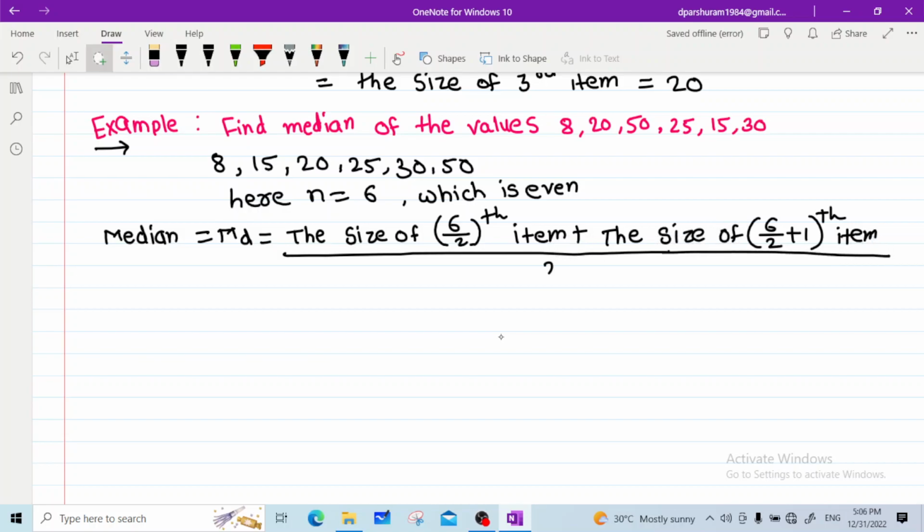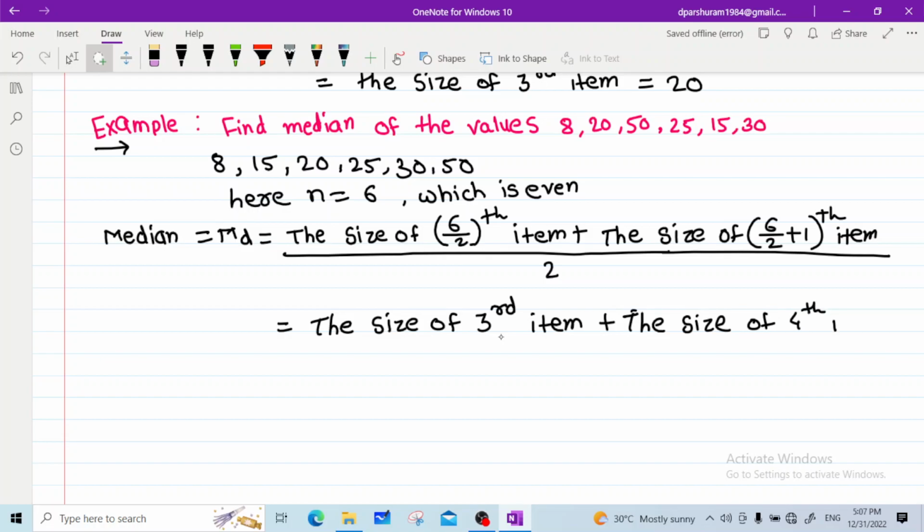Whole divided by 2, which is equal to the size of 6 by 2, that is the third item, plus the size of 6 by 2 plus 1, that is 3 plus 1, which is 4, that is the size of the fourth item, divided by 2.